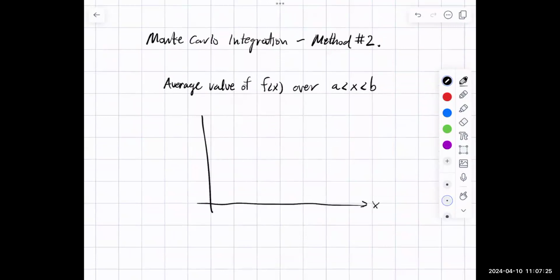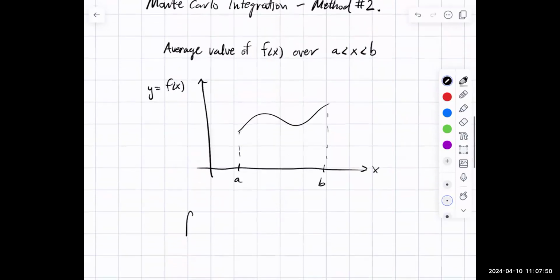Here's our x-axis. Here's f of x. We'll say y is equal to f of x. Here's our lower limit, and here's our upper limit. And then we could just have a function of any shape. And so the question is, if I wanted to, using calculus, how would I calculate the average value of this function from a to b?